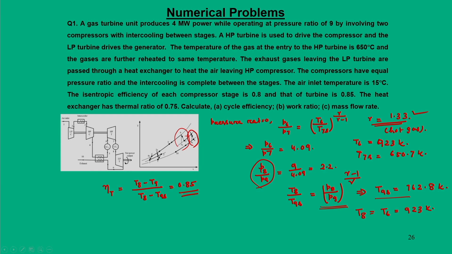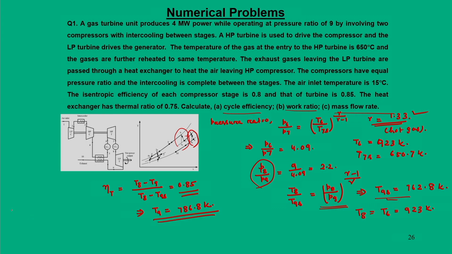From this equation we know T8, we know T9s, so T9 can be calculated and this value would be 786.8 Kelvin. Then we get all the temperatures. Now, let us talk about the answers we are looking at: the cycle efficiency, work ratio and mass flow rate.